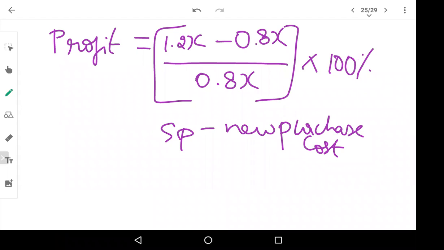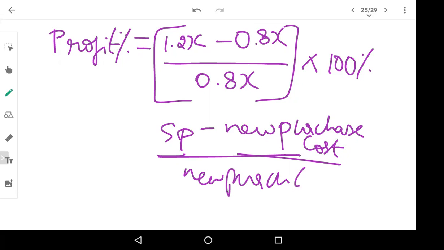Why are we doing 100%? Because we require profit percentage. We don't require the amount, we require profit percentage. So that is why we do selling price minus new purchase cost divided by new purchase cost. This is not any predefined formula. You just have to understand the question and solve it.